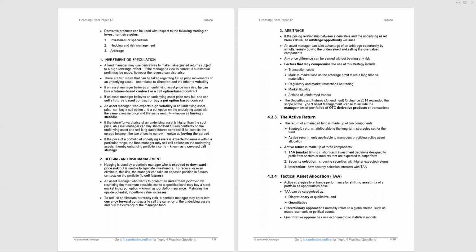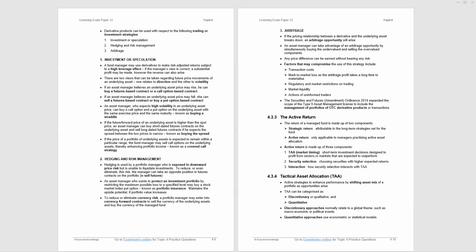Now, continuing with active management, looking at the active return. So the return of a managed fund is made up of two components: the strategic return, that is the allocation to the bonds, the equities, the cash, etc., and the active return. Now, the active return is only relevant when you're considering managers that are practicing active asset allocation.